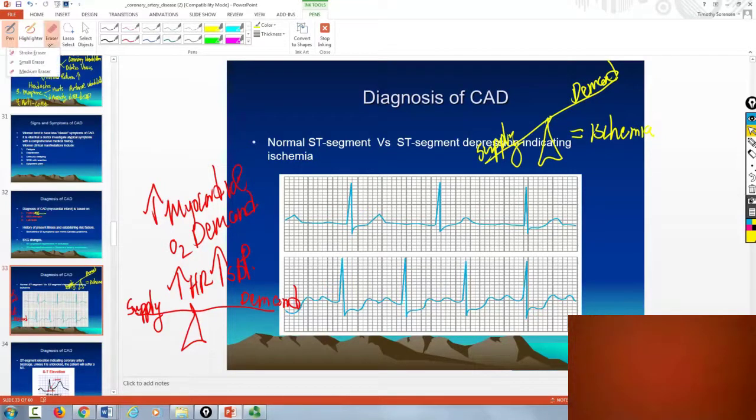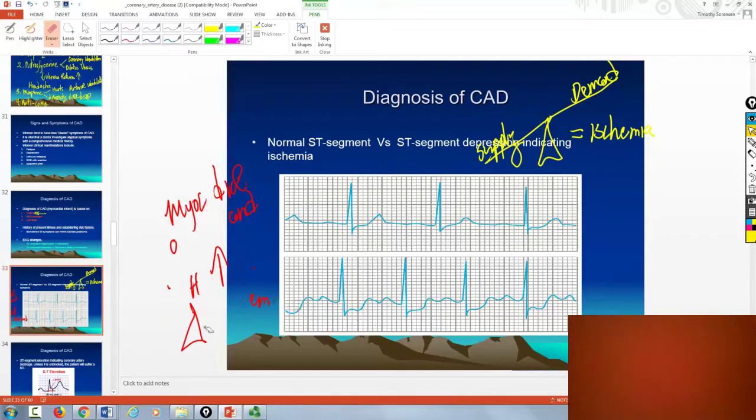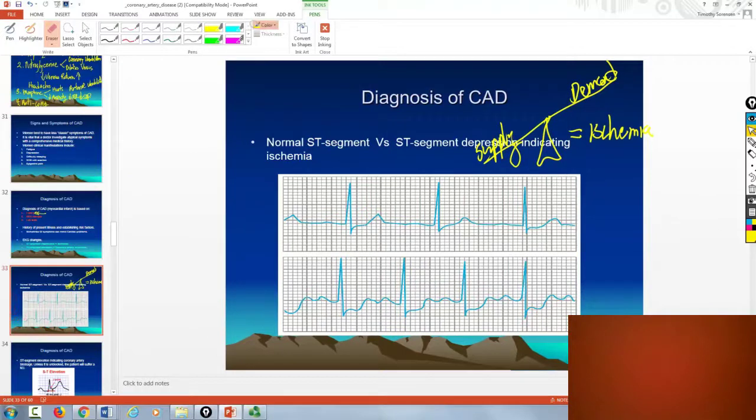And how ischemia is interpreted on an EKG is ST segment depression. So this right here, from here to here, this is the ST segment.